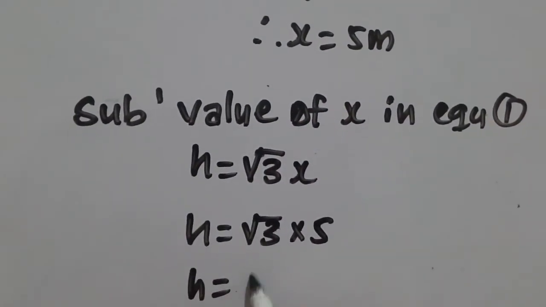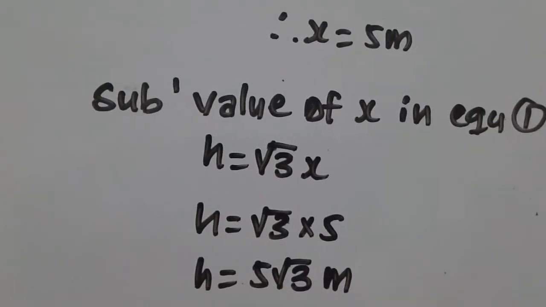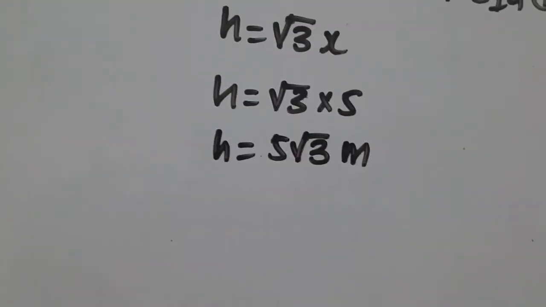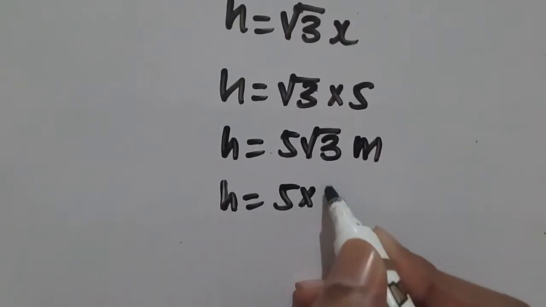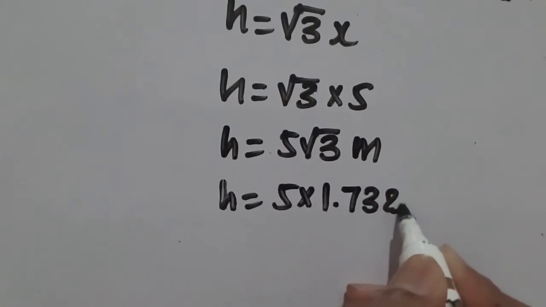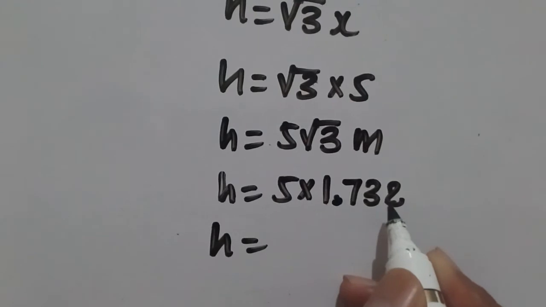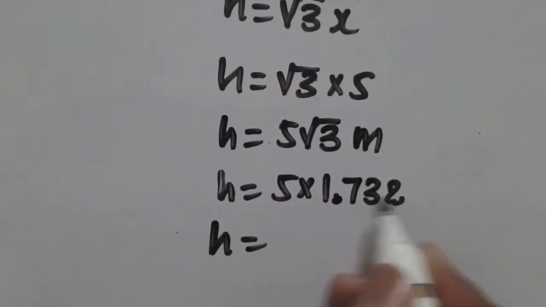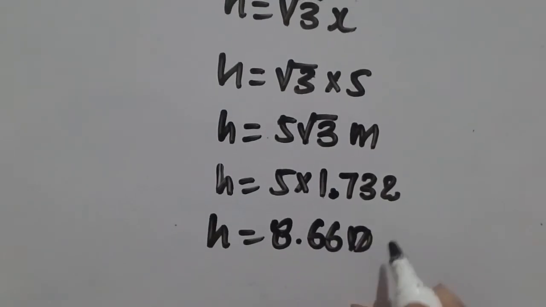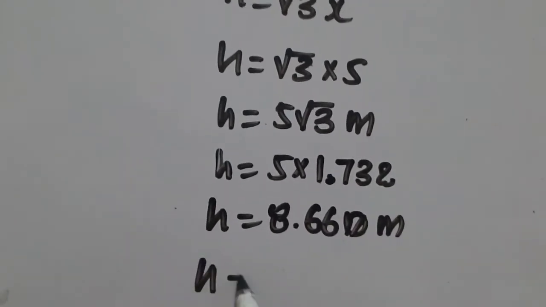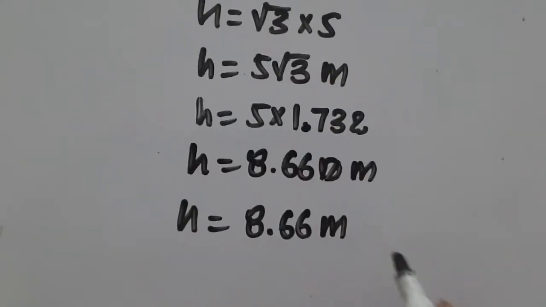H is equal to 5 into root 3 meters. Here H is equal to 5 into 1.732, where root 3 is equal to 1.732. Multiplying 1.732 into 5 you will get 8.660 meters. Therefore the height of the tower is H equal to 8.66 meters.